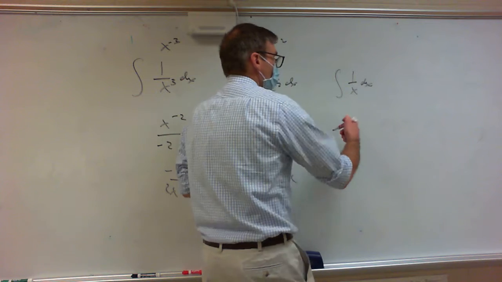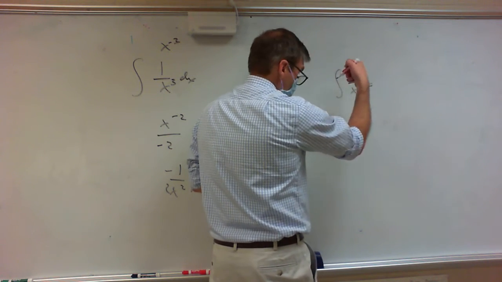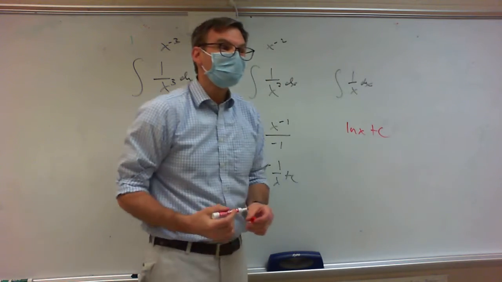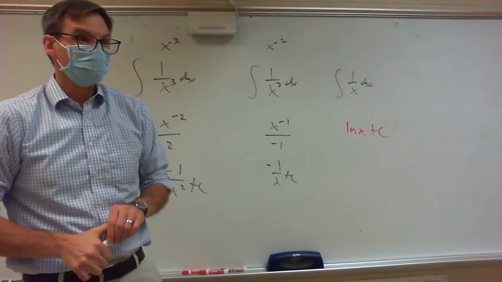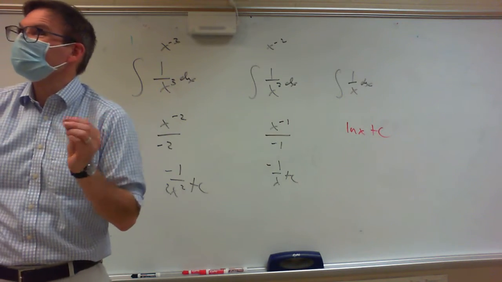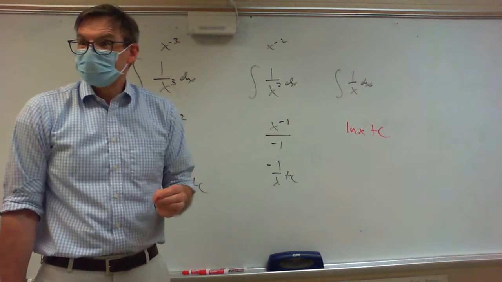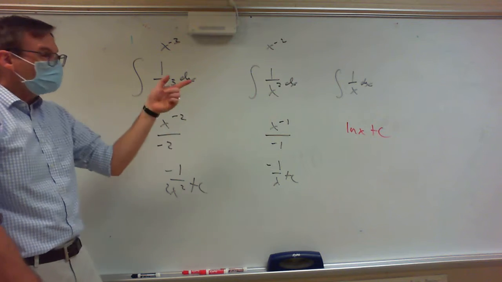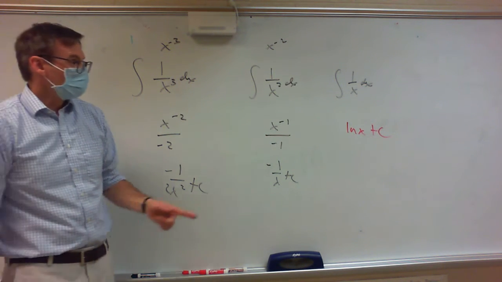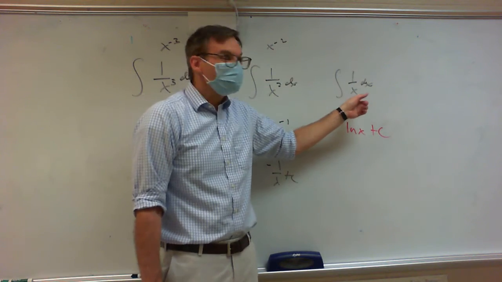So it turns out that the integral of 1 over x is natural log of x plus some constant. And this is where taking integrals gets a little tricky, because if you look at these 3 problems, they look almost identical, but you have to think of something different.